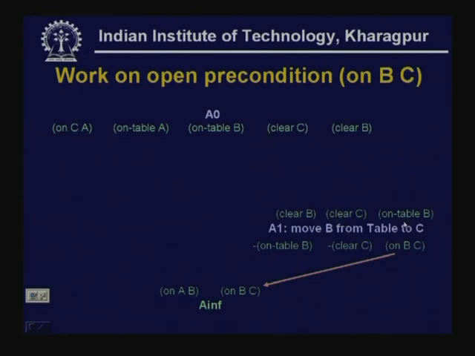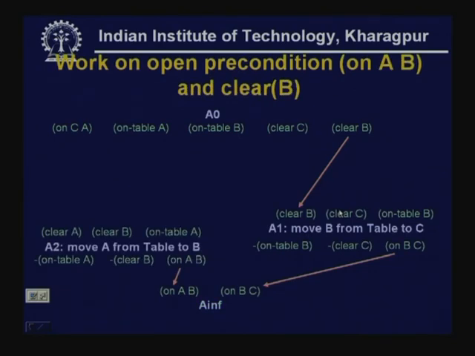On table B is achieved by the initial state. Now, we will take up one of these open conditions. Let us take up clear B, and we see that clear B is satisfied at the initial state. So, we say that A0 achieves clear B for A1.